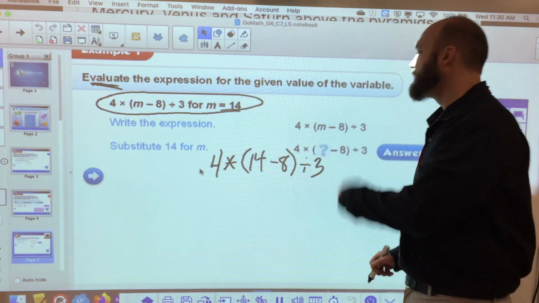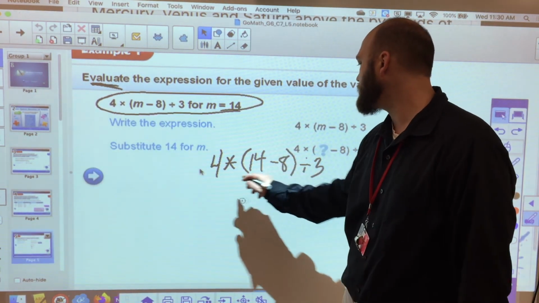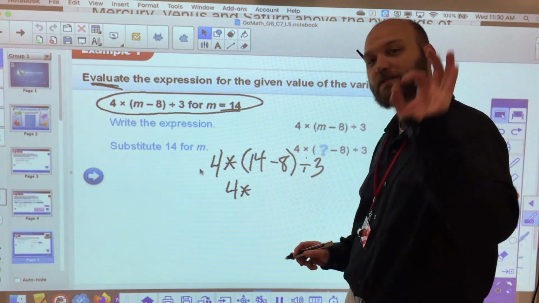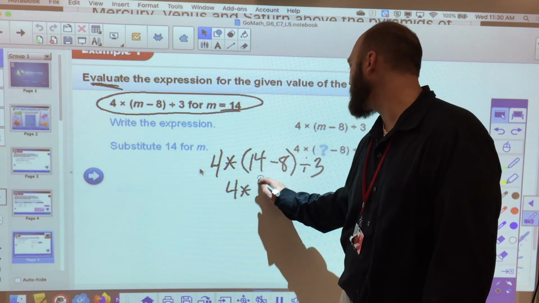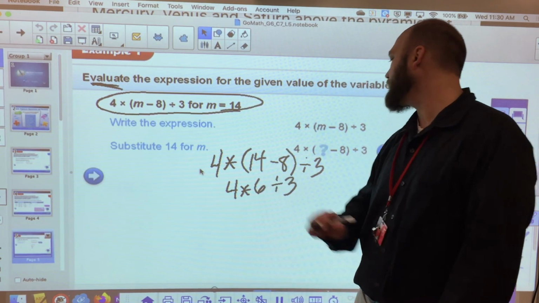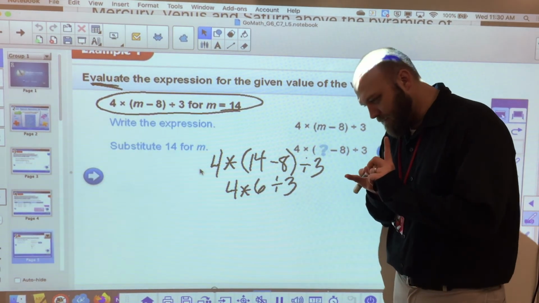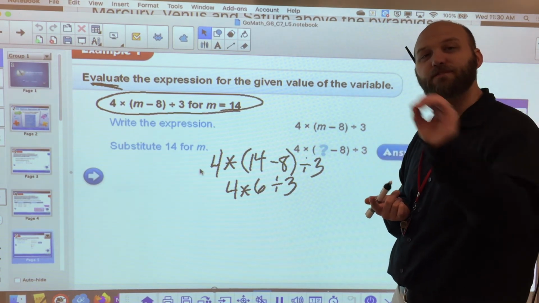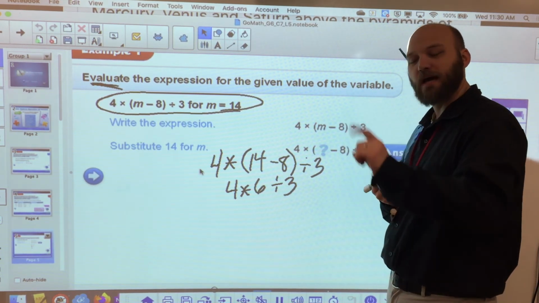Evaluate this thing. So I'm looking at parentheses first, and I'm going to bring down every part of my problem as I solve each piece. Parentheses, 14 minus 8 is 6, divided by 3. Now I'm through substitution, parentheses, exponents. I'm in multiplication and division. Remember, that is left to right. Doesn't matter which comes first.